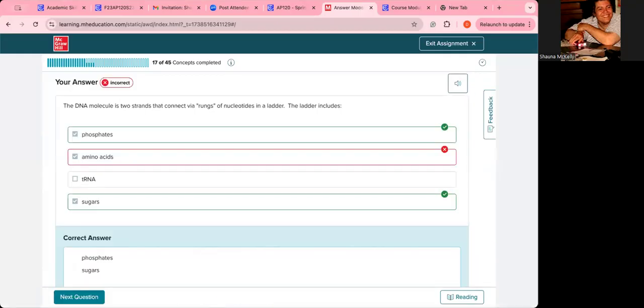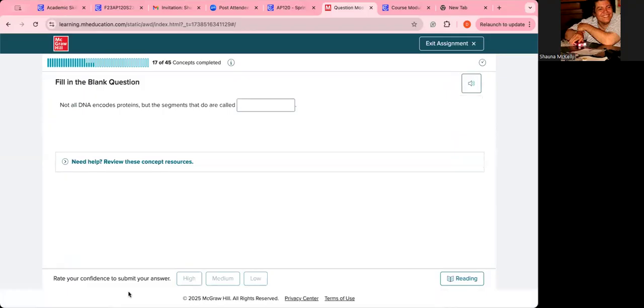Oh, they don't want to connect the amino acid. Okay, so they just wanted what was on the rungs, I guess. Sugar and phosphate that connect. The amino acids are the rungs, but they were just talking about the two strands that connect it. Okay, that was my fault.